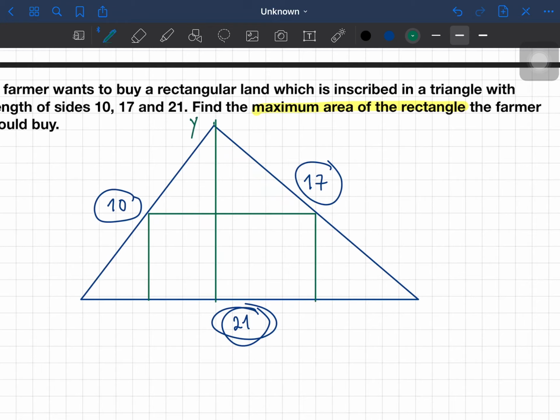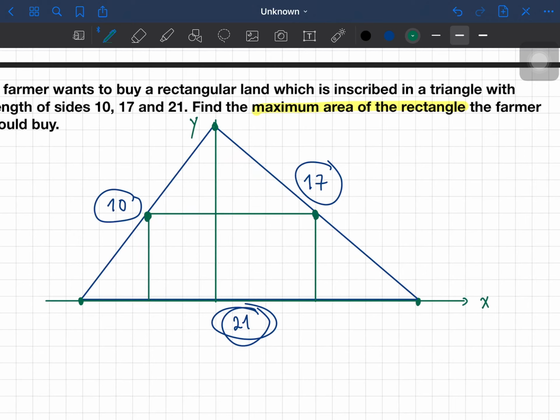We have here the y axis and here the x axis, which exactly lies on the 21. We need to find the coordinates of each point that I have shown.